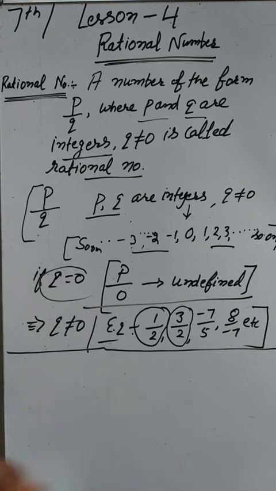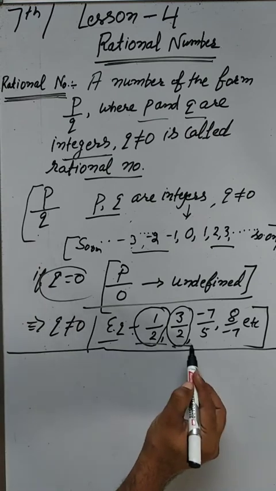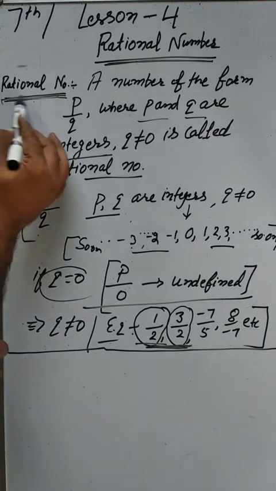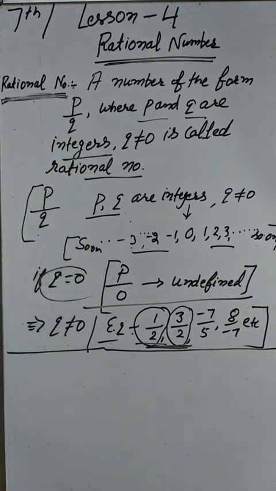Okay, these are fractions. These types of numbers are fractions. So what is the need of another set of numbers, rational numbers? Do you know what is the difference between a rational number and a fraction? There is a very big difference between a rational number and a fraction.